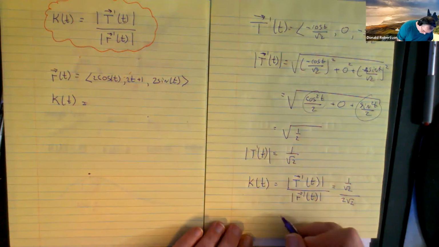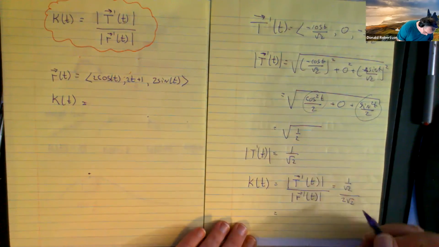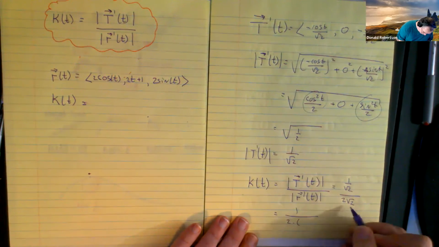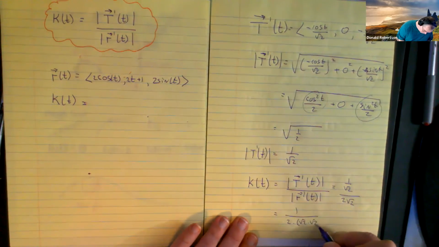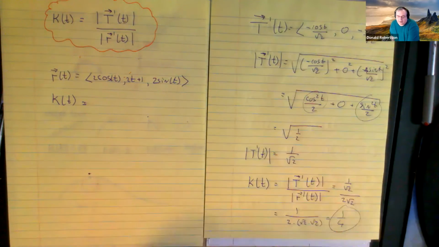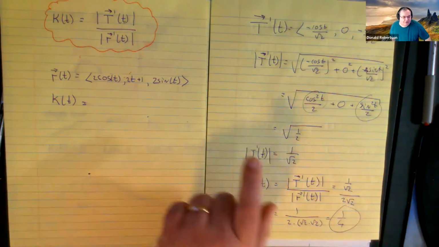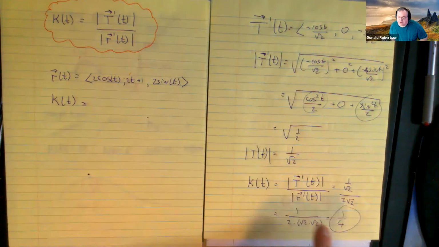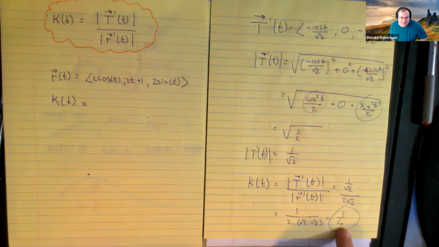Okay, so if I want to make that pretty, it's 1 over 2 times a root 2 times another root 2, and the answer is 1/4. In this shape, the curvature is always 1/4.